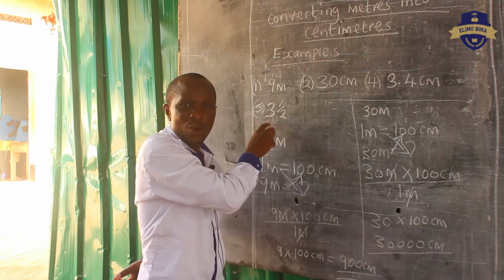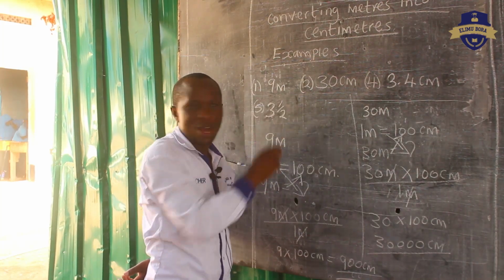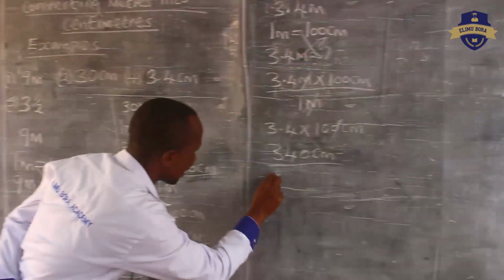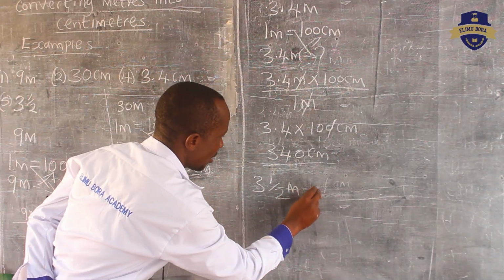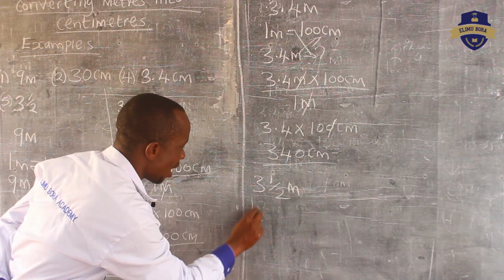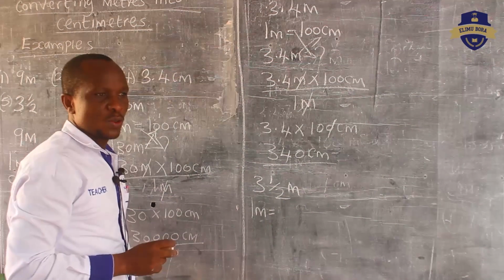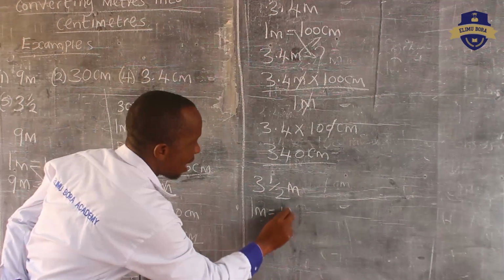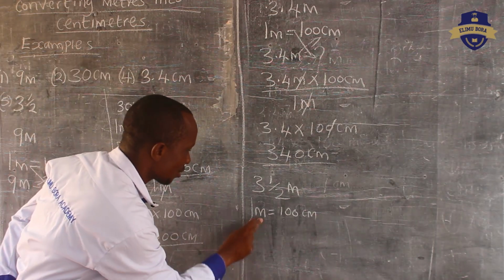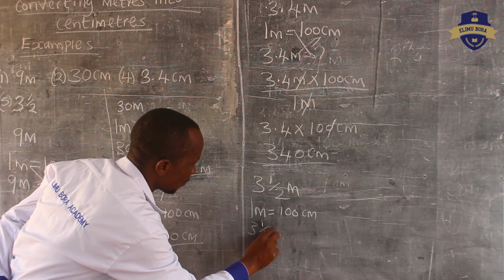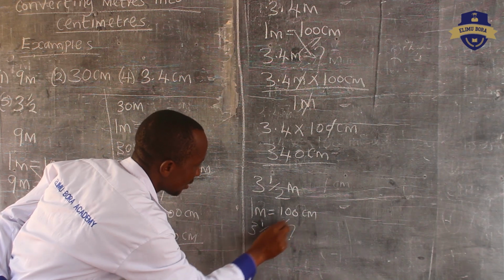Then we have the last one with the fraction, 3 1/2 meters. This one will be 1 meter is equal to 100 centimeters. What about 3 1/2?